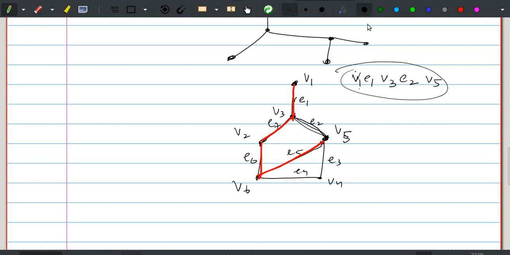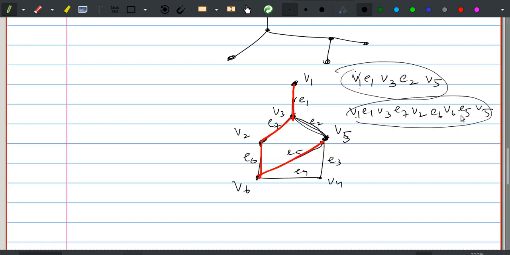We started at vertex v1, then e1, then v3, then e7, then v2, then e6, and then v6, then e5, and finally v5. So this is again a path between vertices v1 and v5, and the length of this path is 4, because we have these 4 edges e1, e7, e6, and e5.